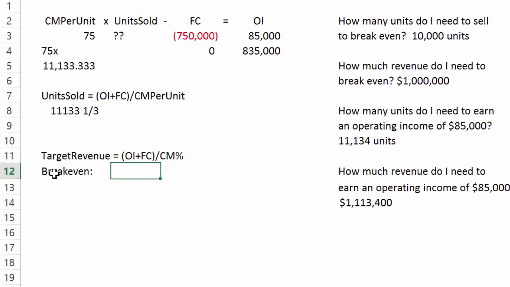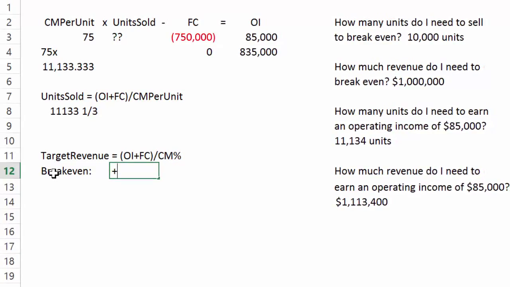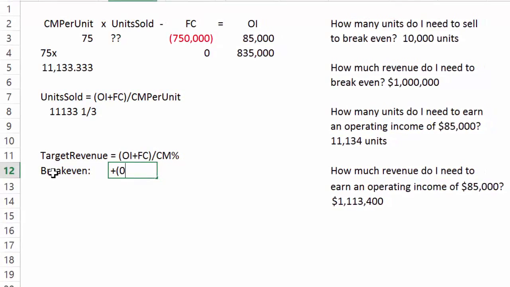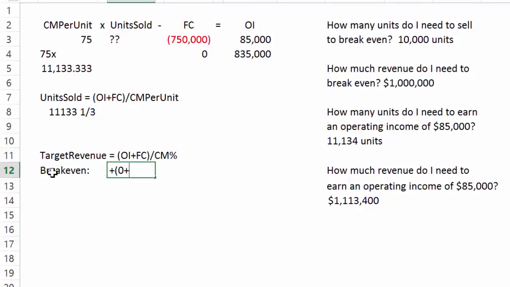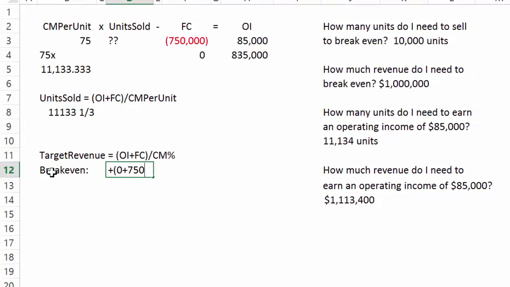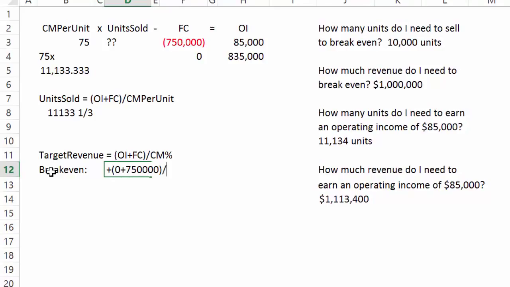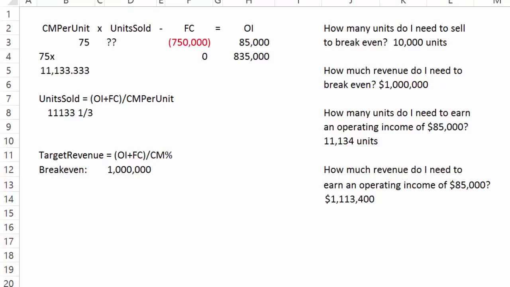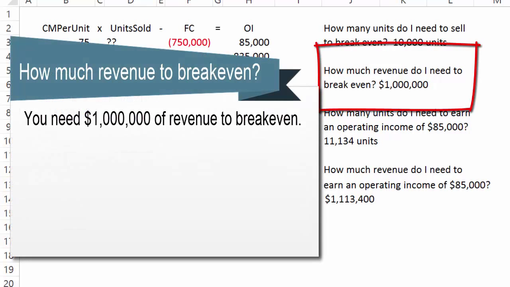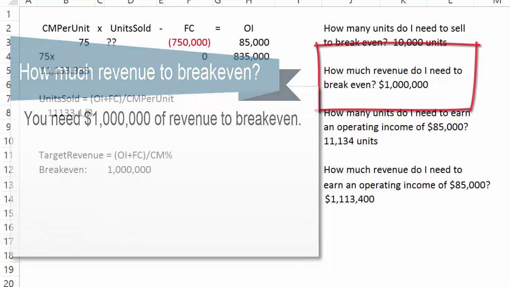I would like to add, and I'm going to put it in parentheses, an operating income of 0 plus fixed costs of $750,000, and we're going to divide that by the contribution margin ratio, which is 75% or 0.75. There we go, $1 million. And that answer matches the answer that we got before. So this is another way to approach break even when you don't know unit costs.